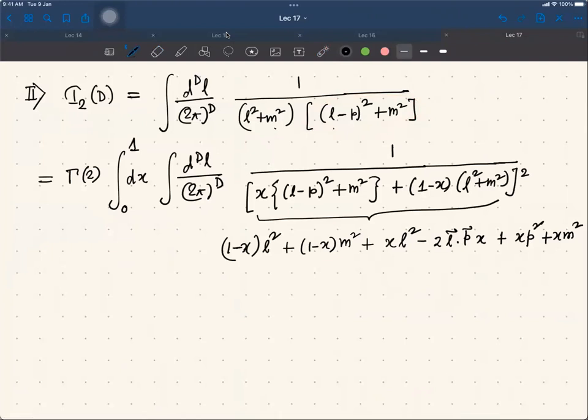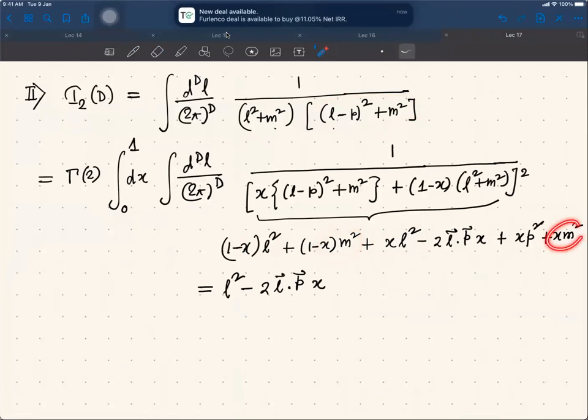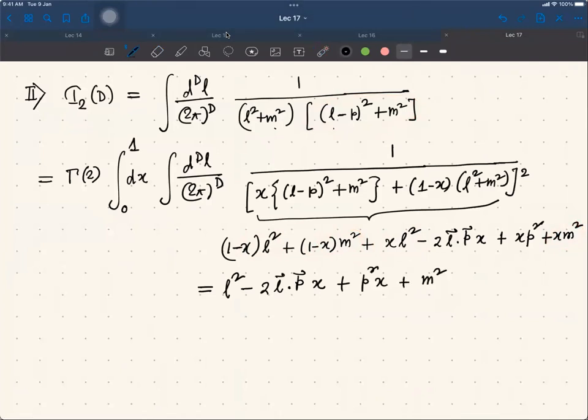So this minus x L square and plus x L square cancels. So I'm left with only L square here, minus 2 L dot P times x. Similarly, minus x M square cancels with plus x M square. So we have only 1 M square. So plus P square x plus M square.